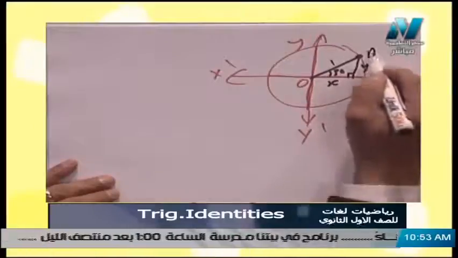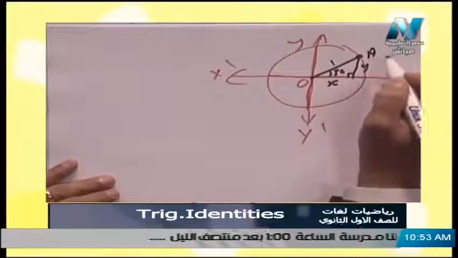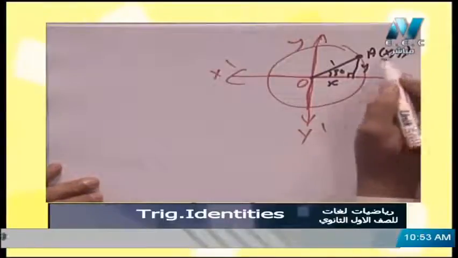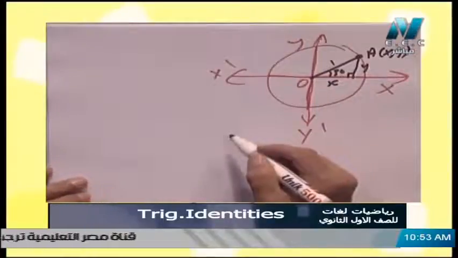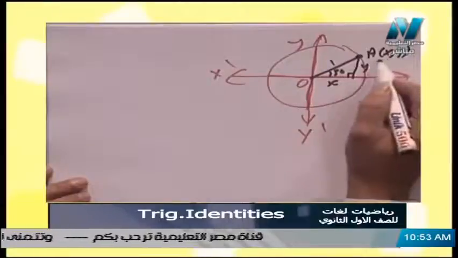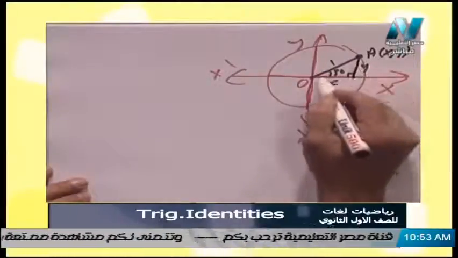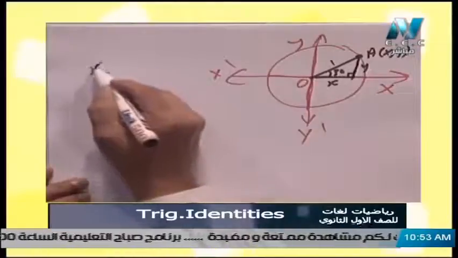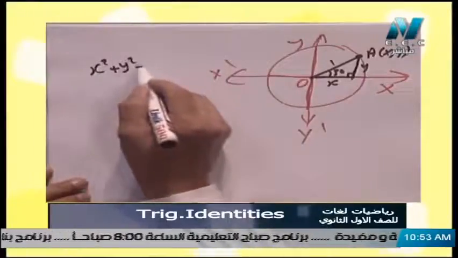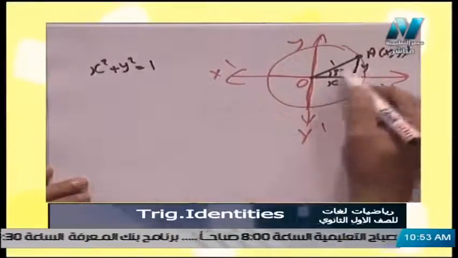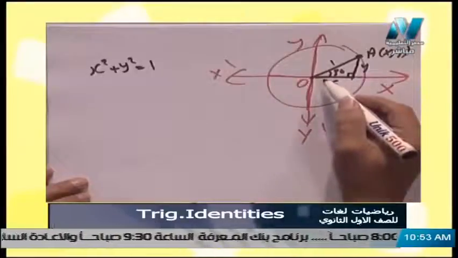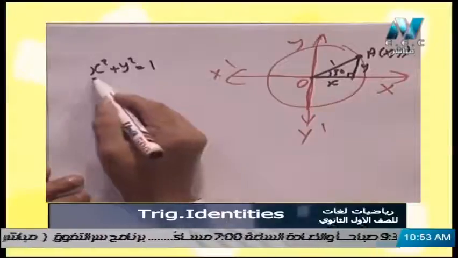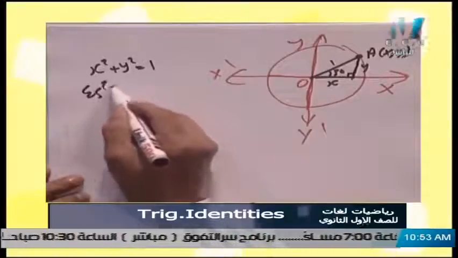The point has coordinates x and y, so x power 2 plus y power 2 of course equals 1 from the Pythagorean theorem. What is x power 2? X power 2 here is cosine power 2 theta.